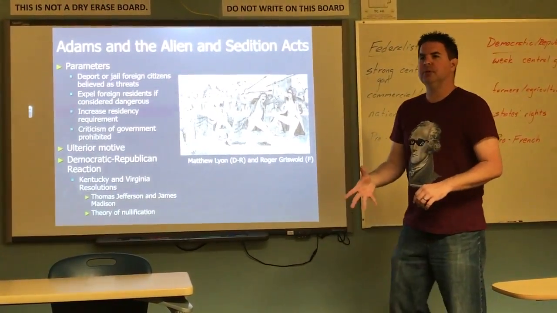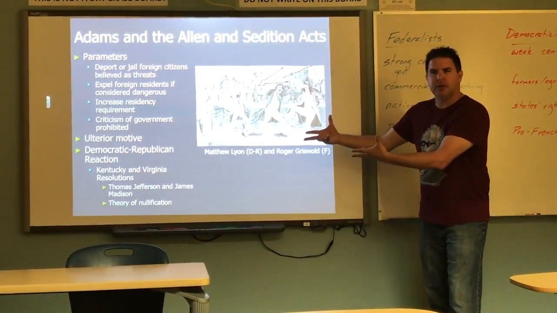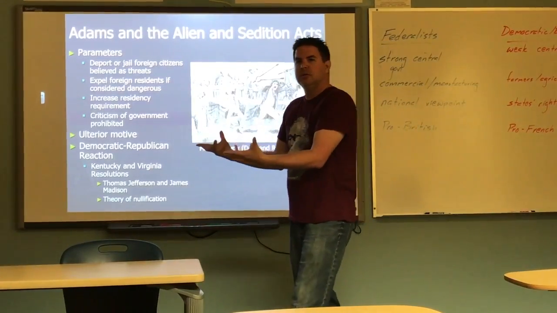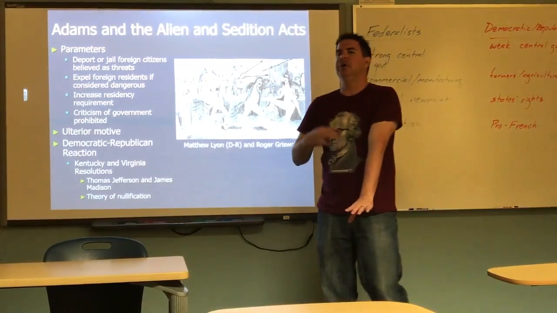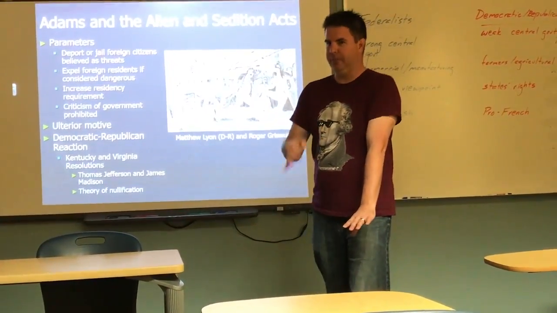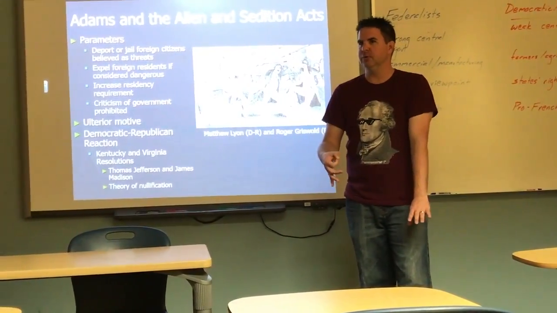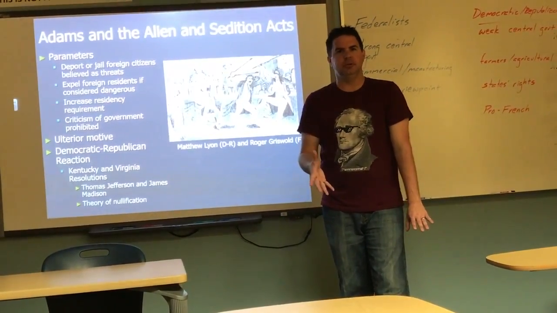Why would they do this? Because, of course, if you're the Democratic Republican, if you're Jefferson, how are you going to respond to this? You can't, by law, that's right. But can you, fundamentally, philosophically, respond to this? Yes. Should you be able to criticize your government? Yes, absolutely.